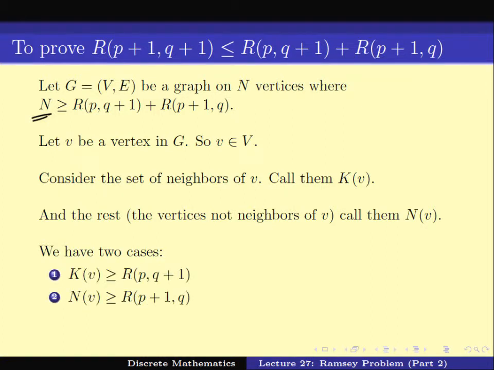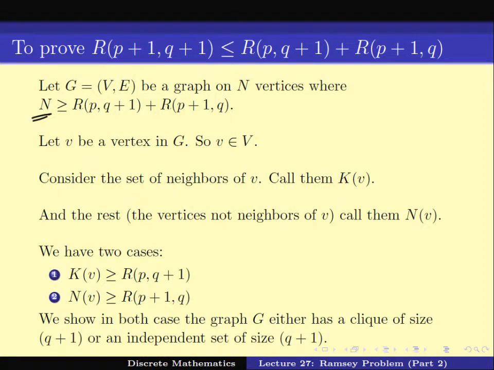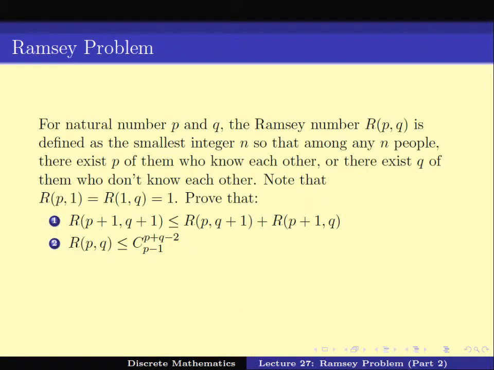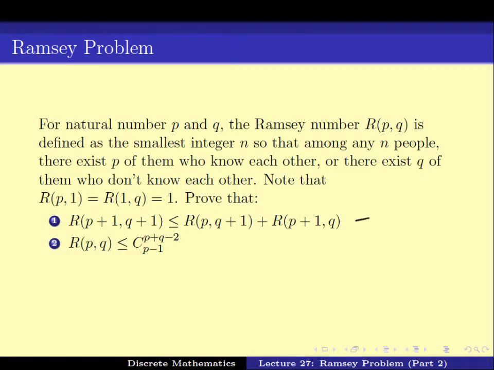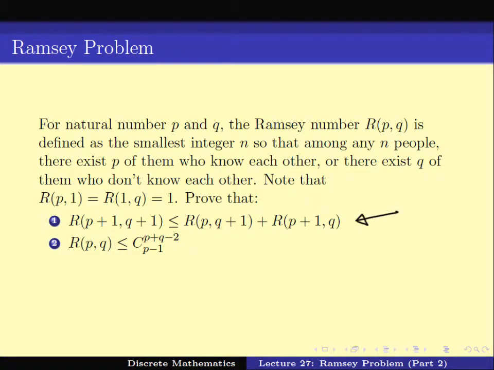We had two cases and we proved that in either case, either there is a clique of size p+1 or an independent set of size q+1. And hence we have been able to prove the Ramsey theorem. I mean, we ended up proving this recurrence relation.